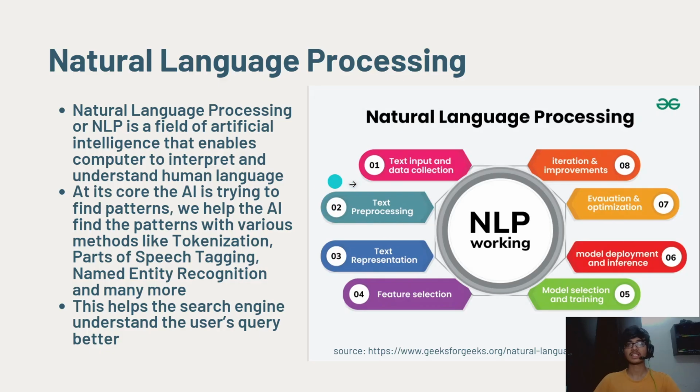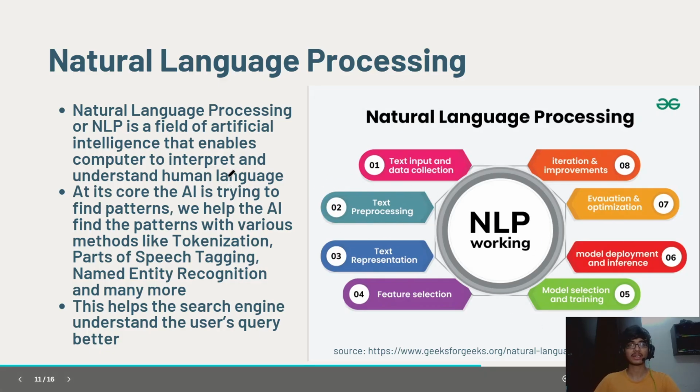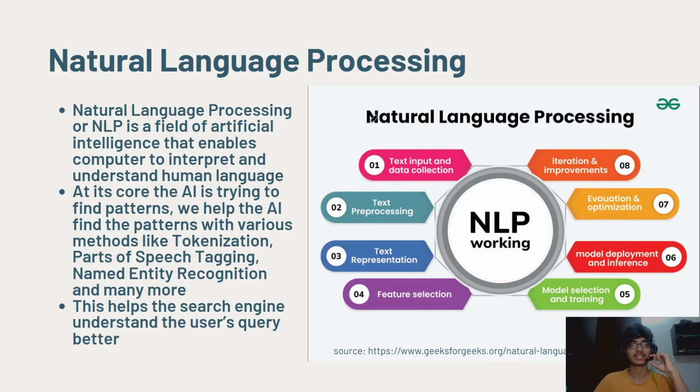So next topic, natural language processing. This is a crucial topic. Natural language processing, or NLP, is a field of artificial intelligence that enables computers to interpret and understand human language. What it means is we are training the software to enable it to understand the human language, to understand English, for example.